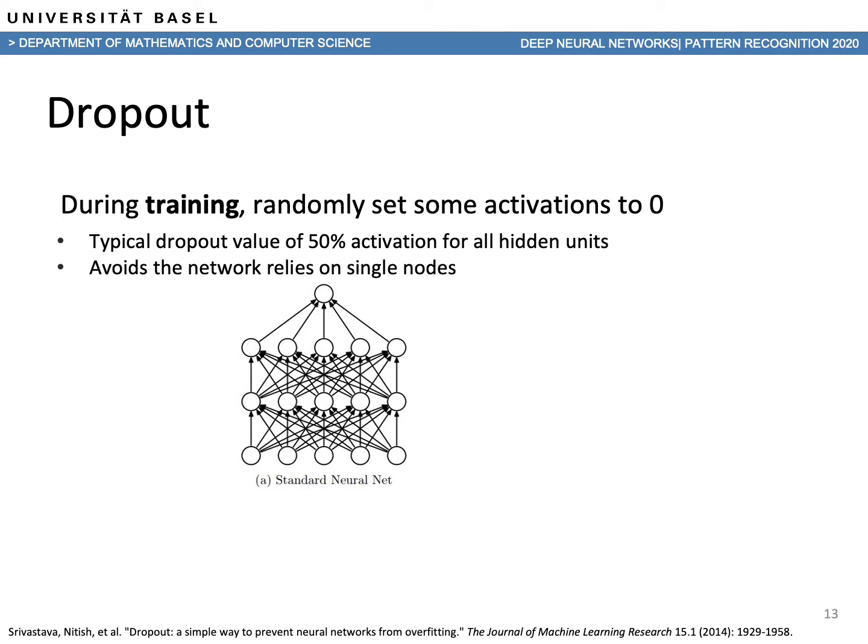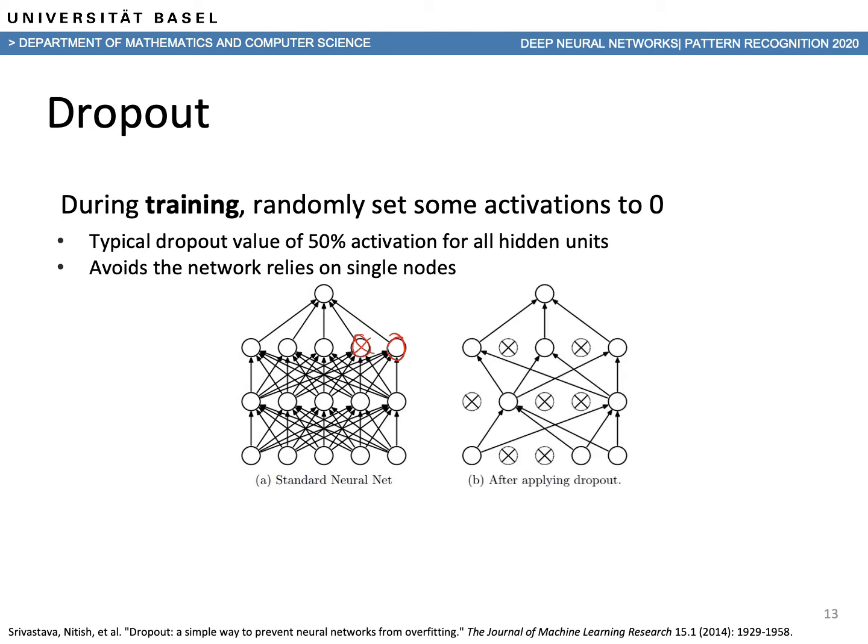So in practice, for 50%, we could just do a single coin toss. Should this neuron be active? Yes, it should still be active. Should this neuron be active? No, it should not be active. Then we do this for every single neuron in the network, and we end up with a slightly simplified graph where the output for a lot of these neurons is just 0.